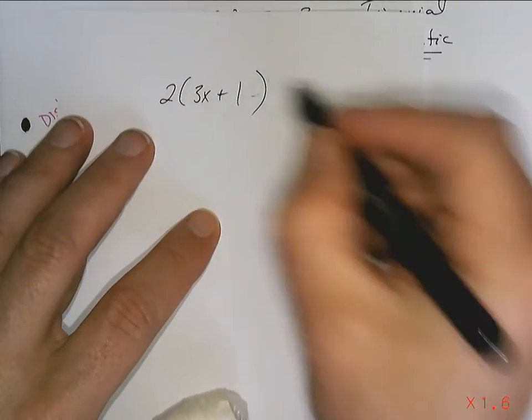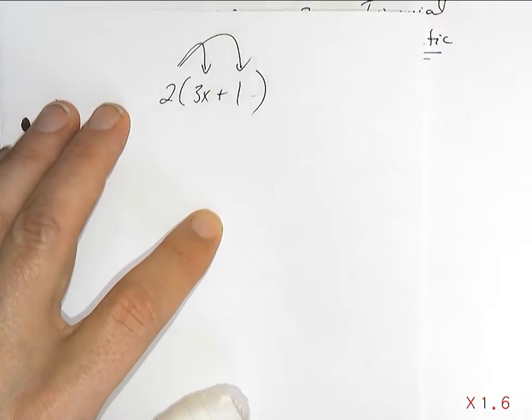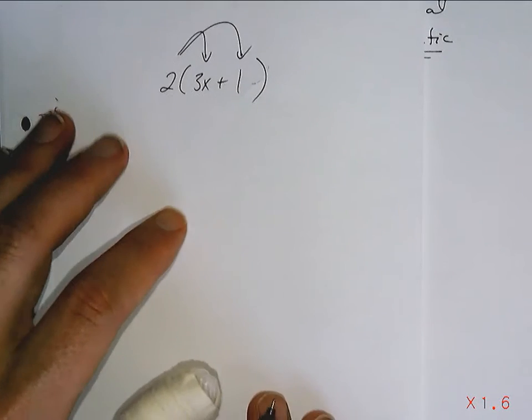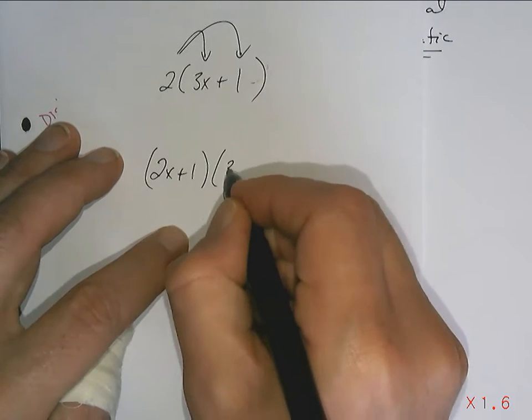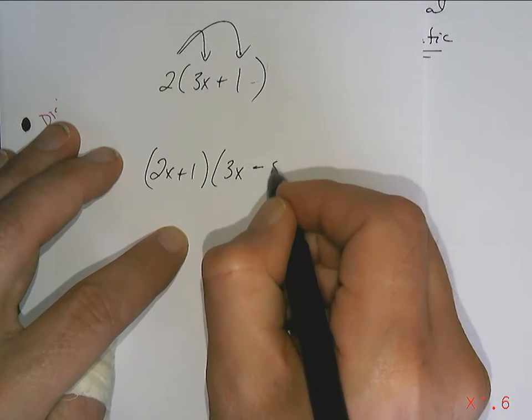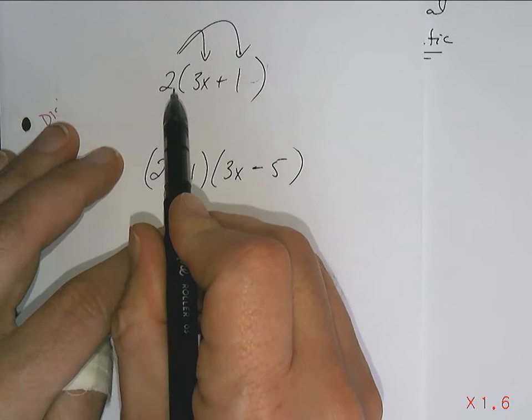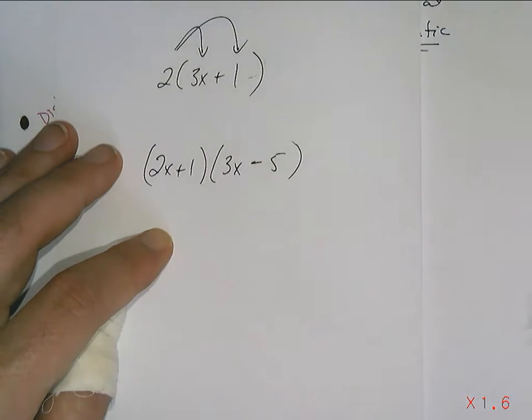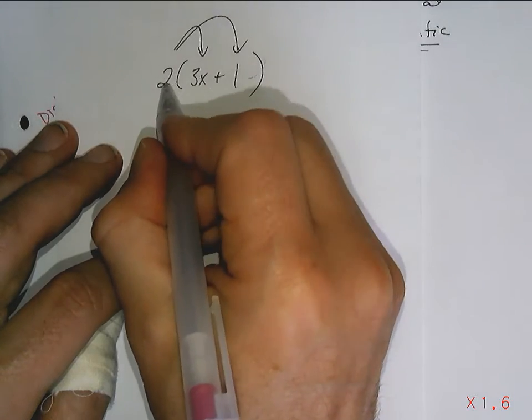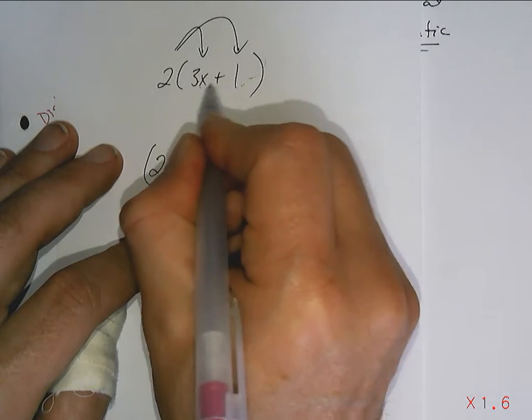This is the distributive property, absolutely. Now look at this one. So this is a monomial times a binomial. This is a binomial times a binomial. So in the monomial, the 2 got multiplied by each thing inside the brackets.